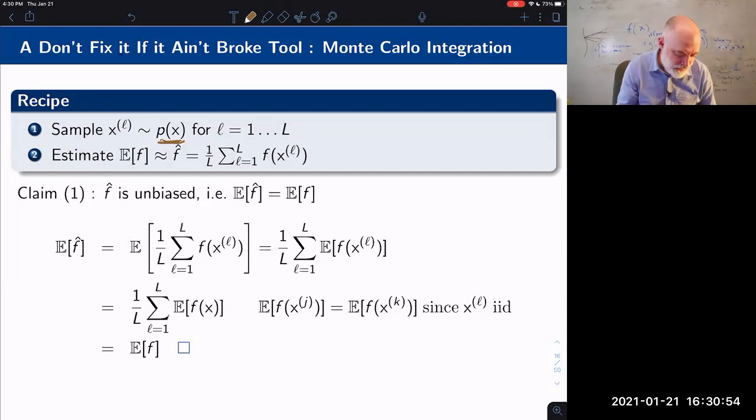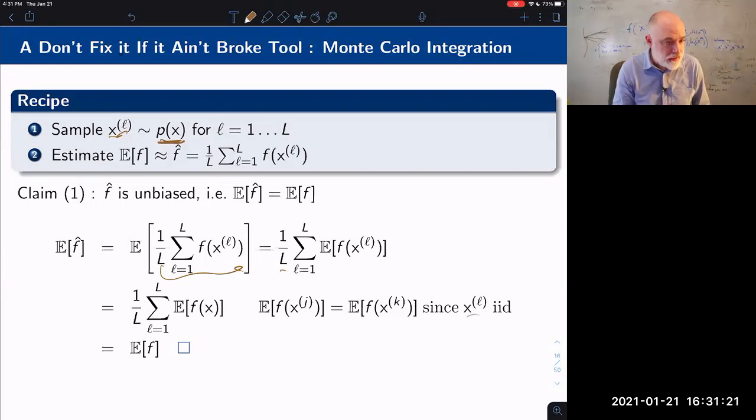So the expected value of the estimator f prime, where this expected value is taken over these sampled values x_l, is just the expected value of the estimator. But of course, due to the linearity of expectation, 1 over L comes out and the sum comes out, and you're left with the expected value of f of x_l.